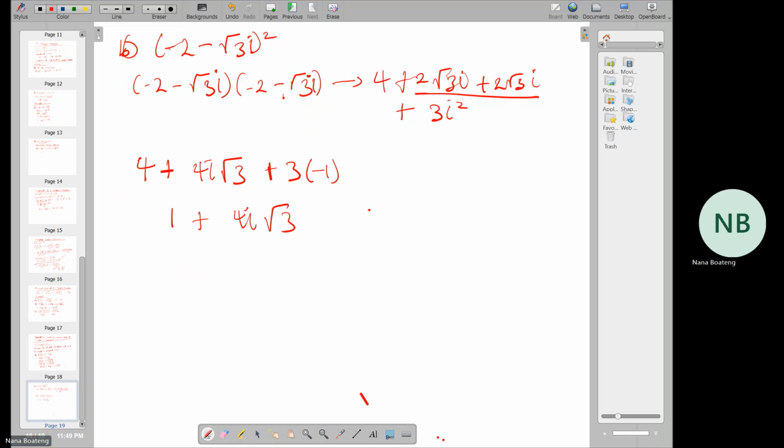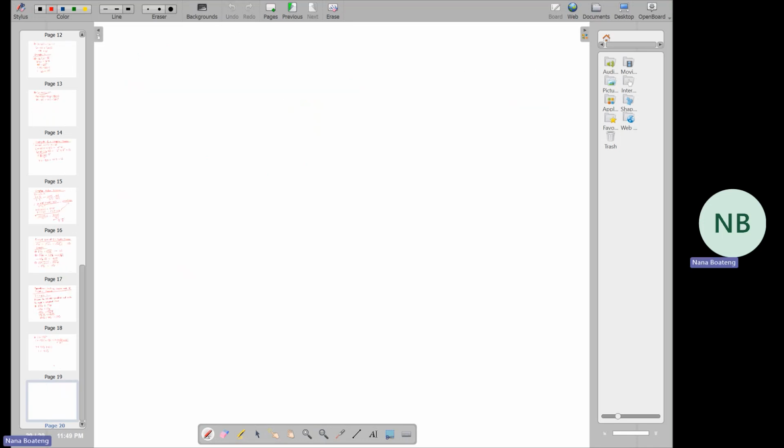All right. So let's look at how we simplify different powers of i. i power 1 is equal to i. i power 2 is equal to i times i, and i is the square root of negative 1 times the square root of negative 1.